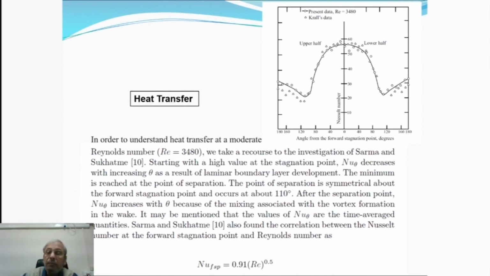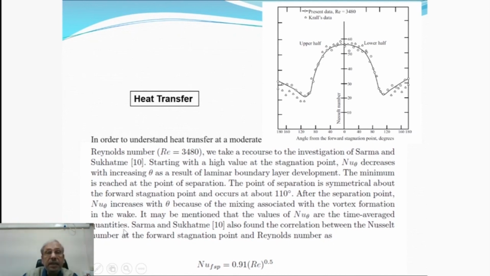If we go after the separation point, Nu theta increases with theta. You can see up to 110 degree on both sides. Nu theta increases with theta because of the mixing associated with the vortex formation in the wake. It may be mentioned that the values of Nu theta are time average quantities.